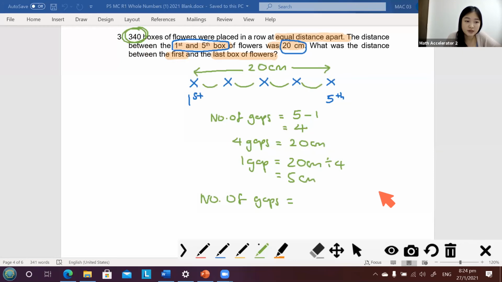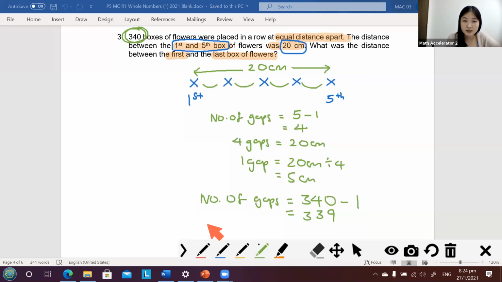339. Good. You have 340 boxes. However, the number of gaps is 1 less, so subtract away. So 339 gaps, and you know that each gap is 5 cm.